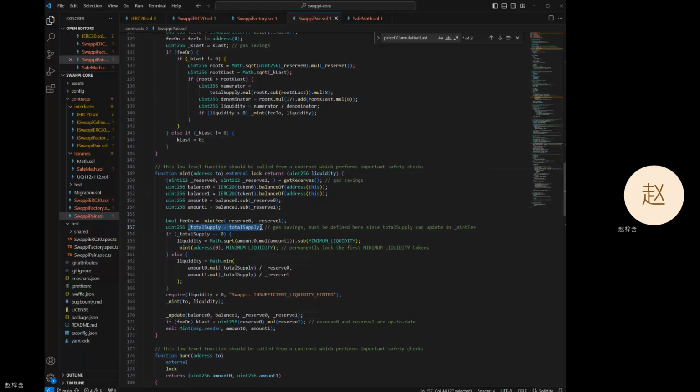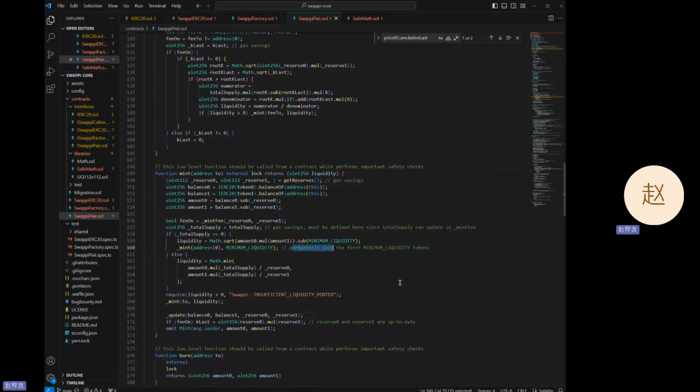Because we minted some liquidity, the total supply has changed. So we need to get the new, latest total supply. And note that if it is 0, which means no liquidity was minted in mint fee, or there's no fee to set, we will first mint to address 0 with the minimum liquidity, just to permanently lock it.